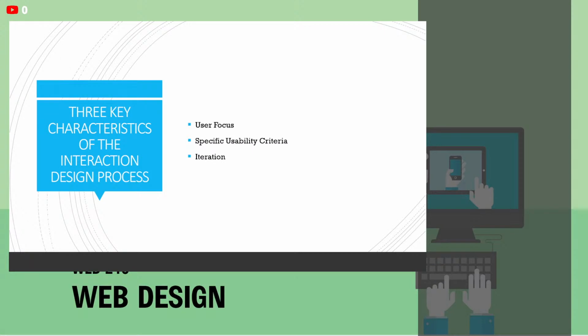So when we think about the interaction design process, there are three key things there. One is user focus, right? This goes back to the concept of human-centered design that we've been talking about the entire semester. So we're focused on the user and how the user in particular interacts with our website. Second, specific usability criteria, right? So what exactly makes this website usable?